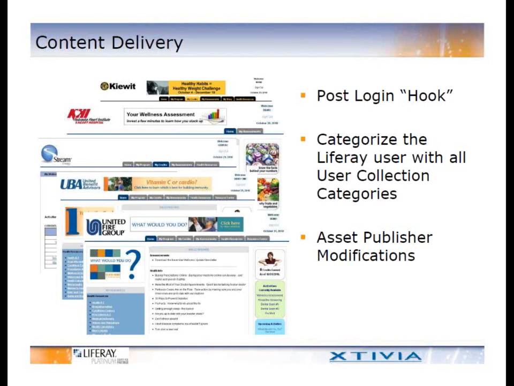And so the content delivery piece is actually a complex component. Getting the right information to the right people is surprisingly harder than it sounds. We've created the rules. We've created the user collections. We know which users are in the collections. We've even tagged the users with the appropriate tags when they come into the system.